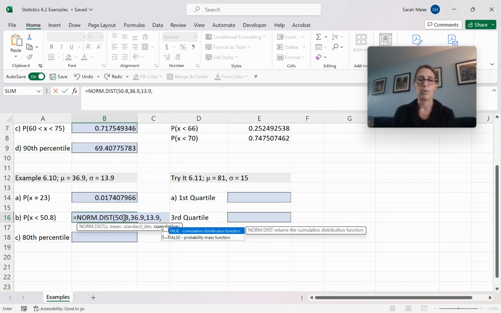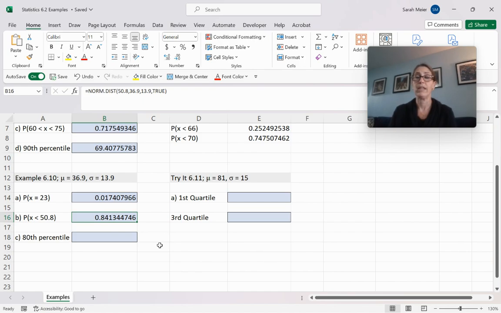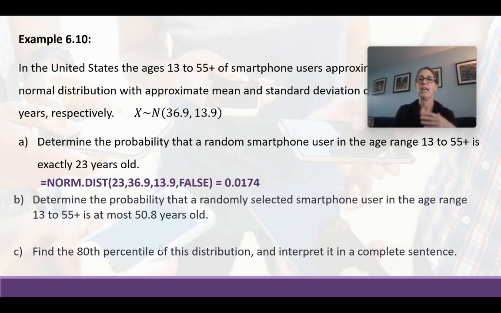This is a less than problem, so we're going to use the word true. And we get about a 0.84 probability or 84% chance that a randomly selected smartphone user in that age range, 13 to 55 plus, is no more than 50.8 years old.